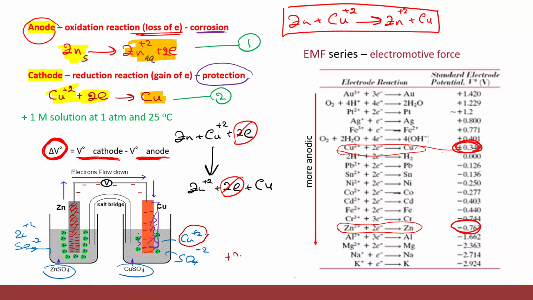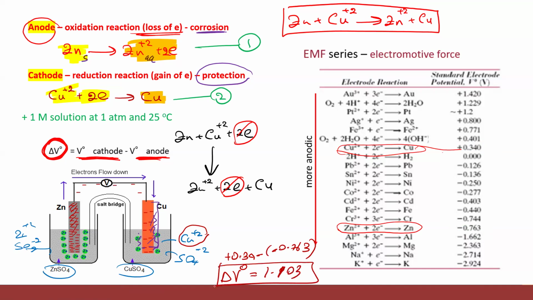It is plus 0.34 minus 0.763. What do we get? Do we all get this?